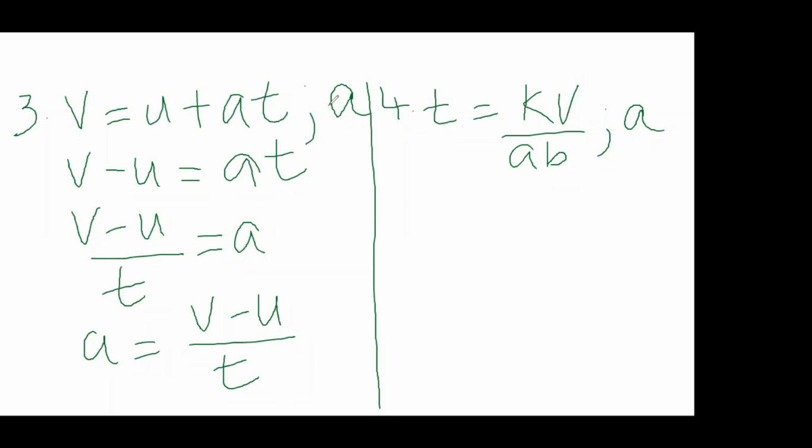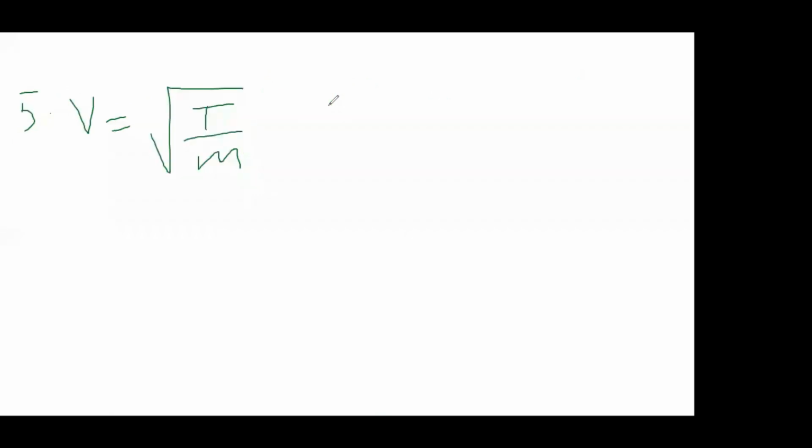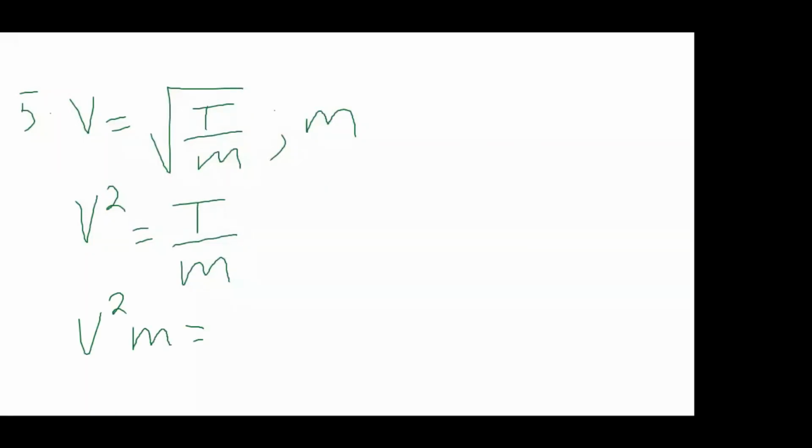So V square is equal to T divided by M. They transpose the T. So we're back at the same problem. Take your time. I'm going to let you take it from that line there. Okay, so we have V square M is equal to T.